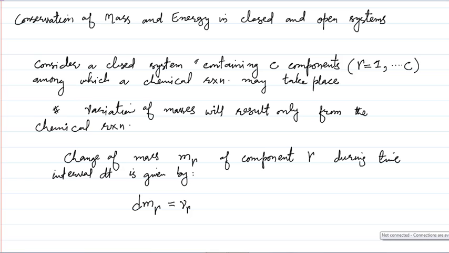This is simply stoichiometric coefficient. M gamma, this is molar mass of component gamma, and d zeta. Zeta is simply the extent of reaction, or you can say degree of advancement of a reaction also.